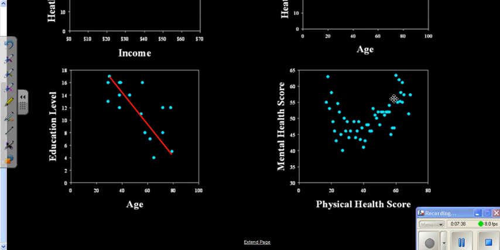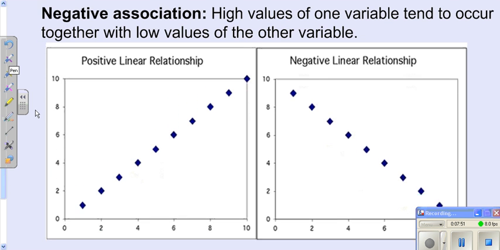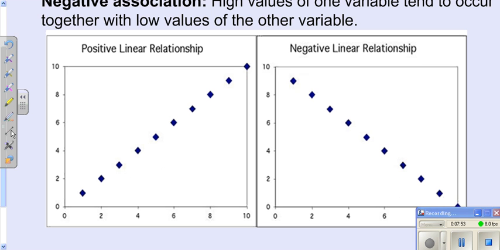And here, there's a definite curve to our pattern. By the way, this one over here, we would look at it and say it's a negative association because you're going down as you go to the right. Technically, here's your positive association. We would also say in this case it's a strong positive association because all the points are real close to your line.